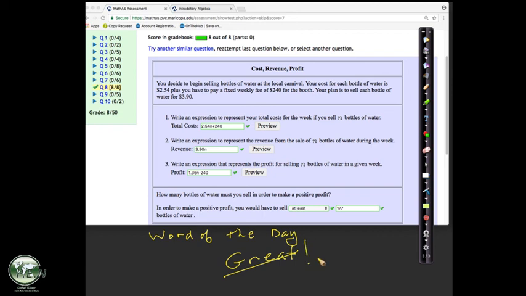And does anyone know who's the most famous person who says great? Mr. Trump? No. Frosted Flakes are great. What did Tony the Tiger say? Great. Okay, so that's our word of the day.